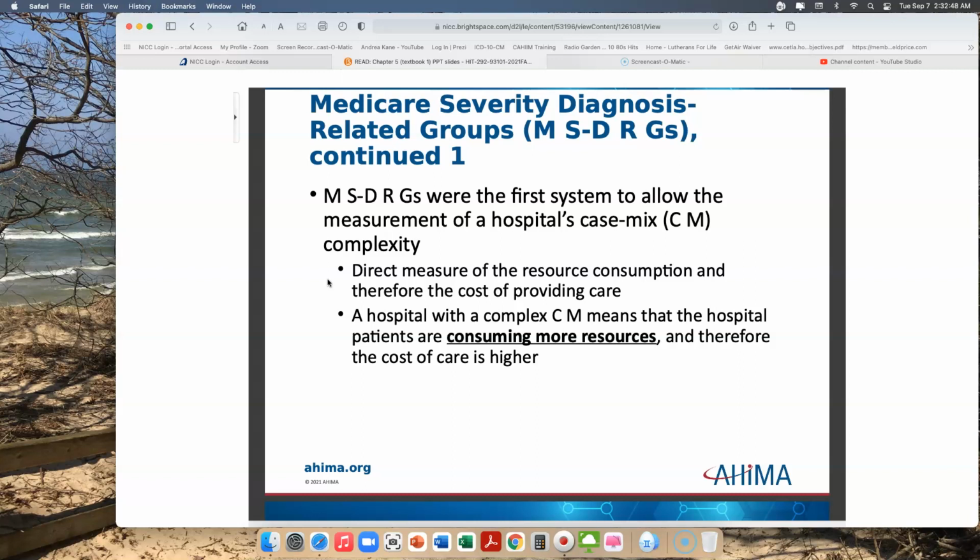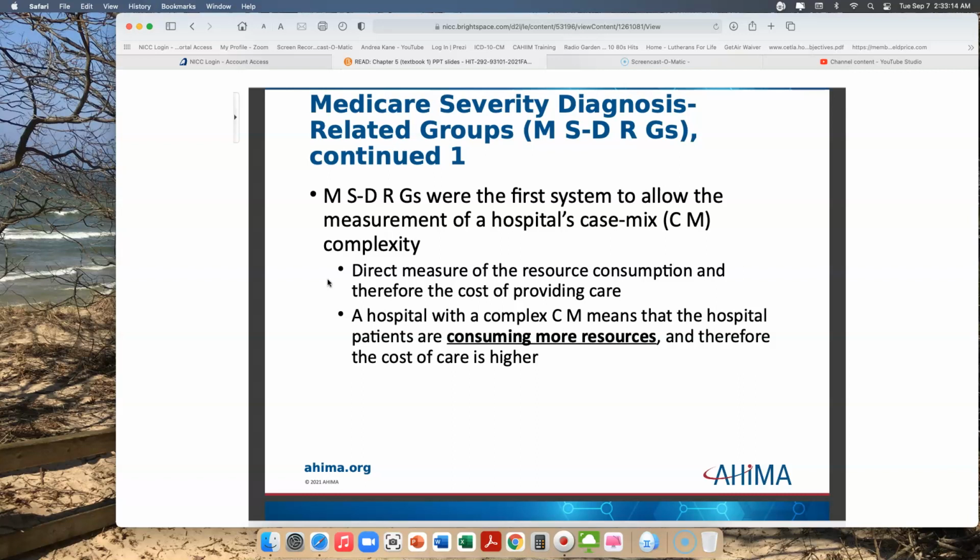Do you think that Iowa City and Mayo get more complex patients, sicker patients, harder to treat patients? Absolutely. And those patients consume more resources, have a longer length of stay, and the cost of their care is higher. So their case mix is going to be higher to reflect all of that.